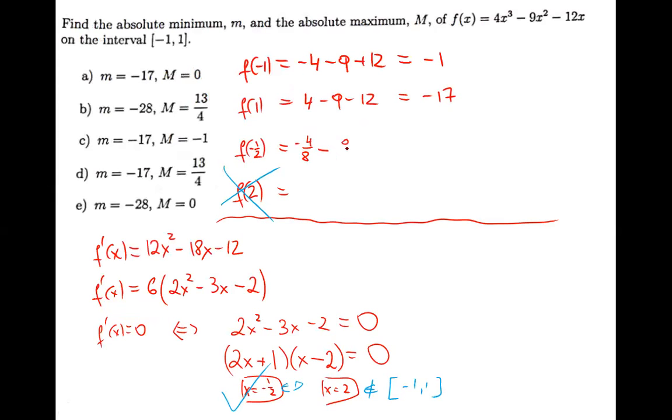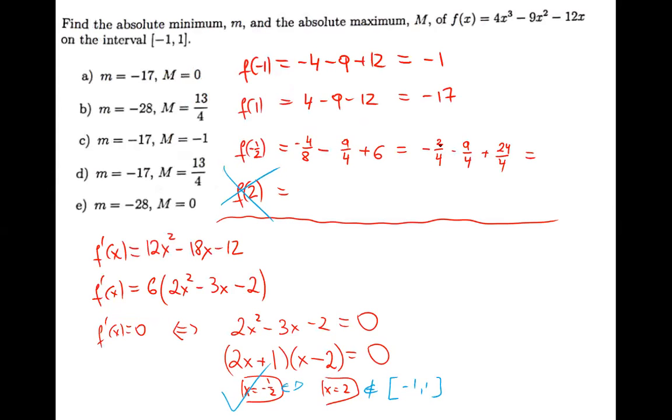-1/2 squared will be positive 1/4. And -12 times -1/2 is 6. Okay. What we have, this one is actually 1/2, but I can only divide by 2. 2 over 4 minus 9 over 4 plus 24 over 4.